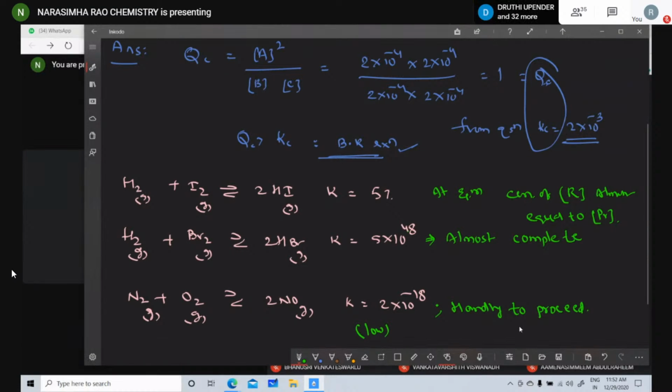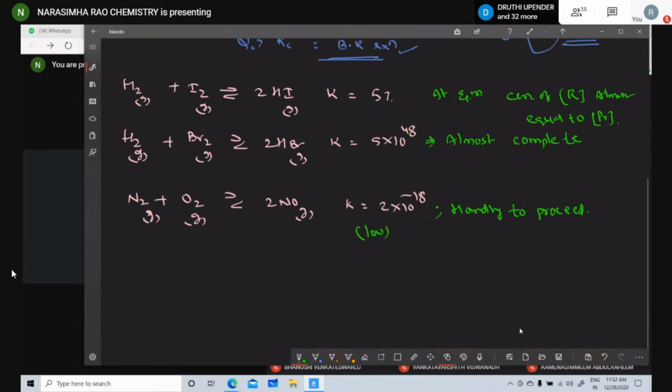Okay, understand my concept. Clear now? Yes, sir. Right, children. So these are the applications of the Kc, used for predicting the stability, extent, and direction of a chemical reaction.